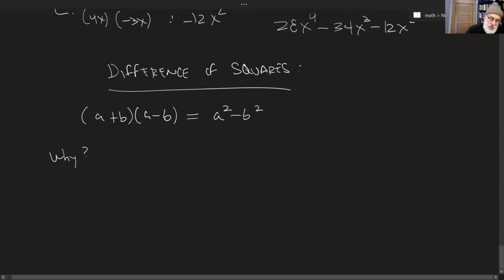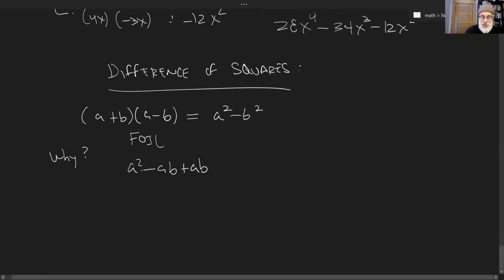So why is this true? Well, if we FOIL this, first terms is a times a is a squared. The outside terms is a times negative b. So this becomes a subtraction. The inside terms is b times a. And since these are real numbers, they commute.